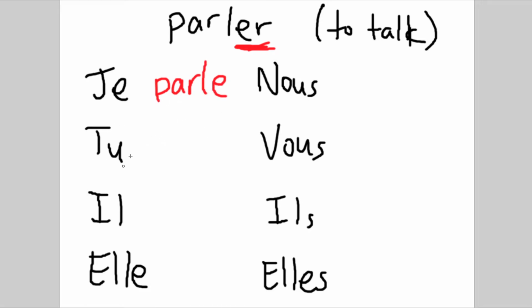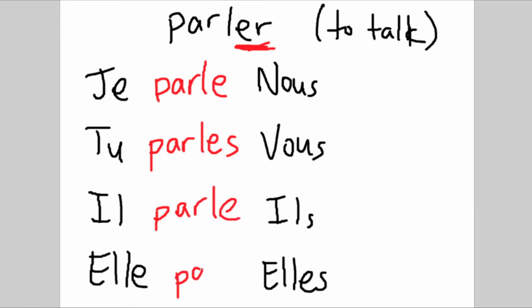And then for tu, there's always going to be an S at the end. No matter what verb you're conjugating, tu always has an S at the end. So this would be tu parles with an S. And for il and elle, they're usually the same thing, and they don't have an S. So in this case, it would be the same as je. Il parle, elle parle.